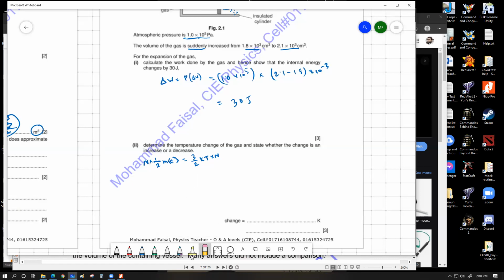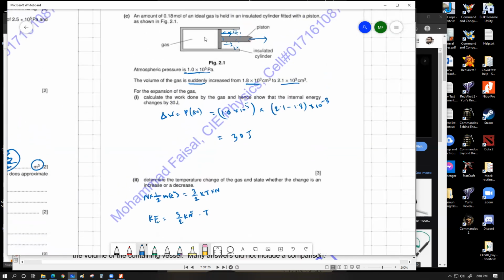I'm going to show you why we don't need that. The whole equation, which I'm going to get, is that the total kinetic energy contained within the ideal gas can be given by 3 by 2 K N into T. As long as you have a fixed amount of gas, N is a constant, because we are not leaking out or letting in new gas particles within this cylinder in the process we are describing.